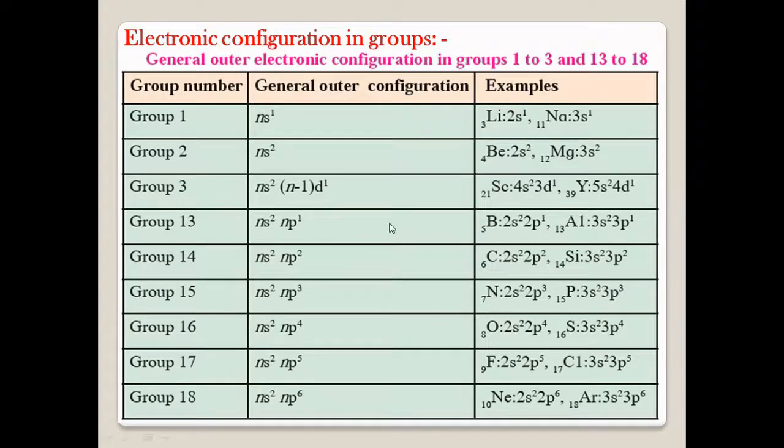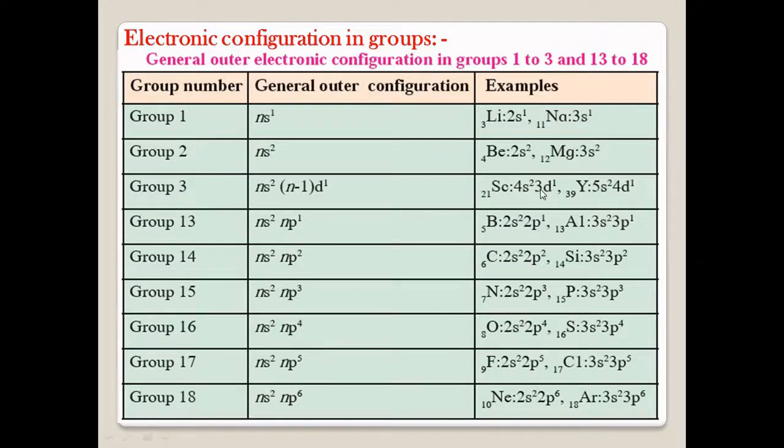Let's see group 13, that is ns2 np1. ns2 np1 is the outer electronic configuration. So this indicates it is of the p block. Groups 13, 14, 15, 16, 17, 18 are the p block elements.